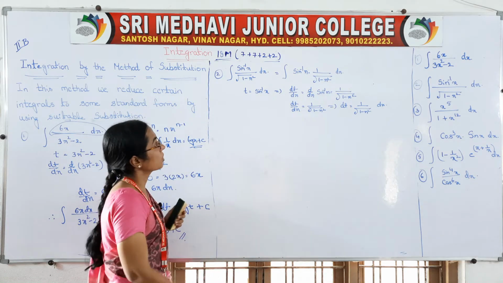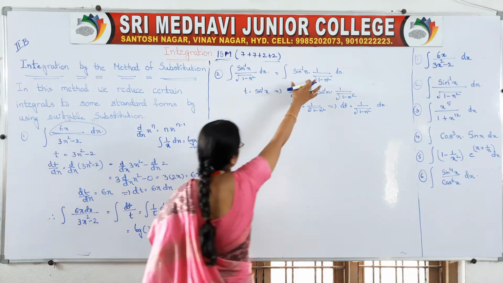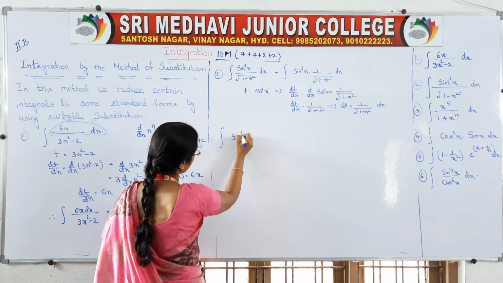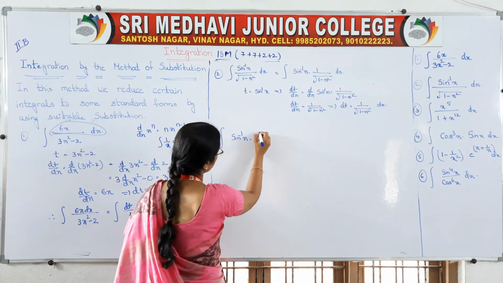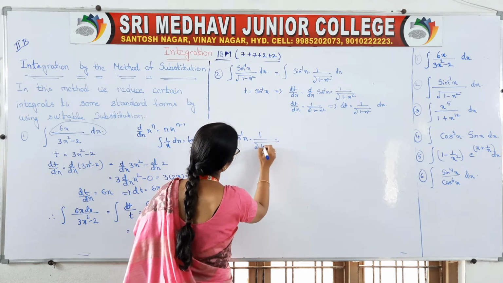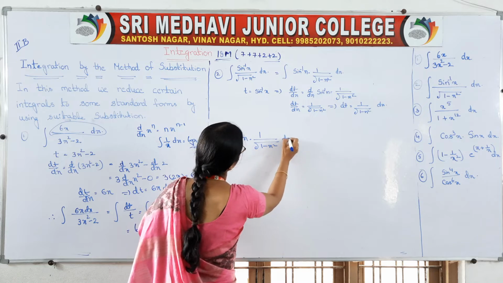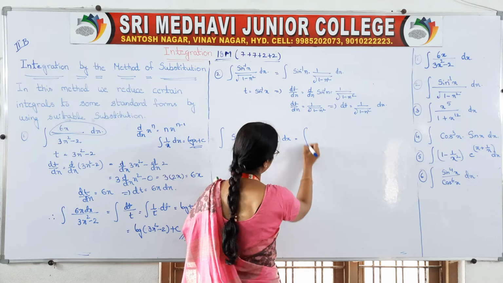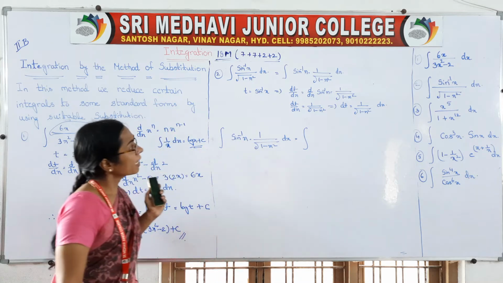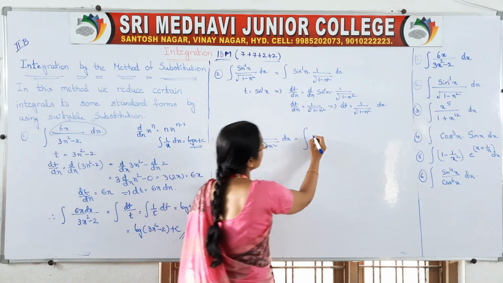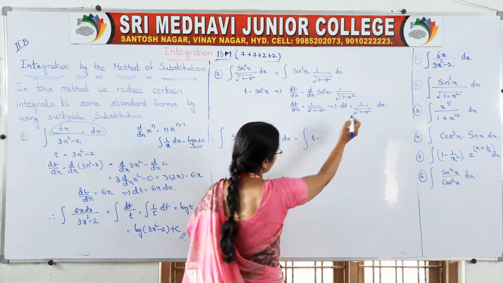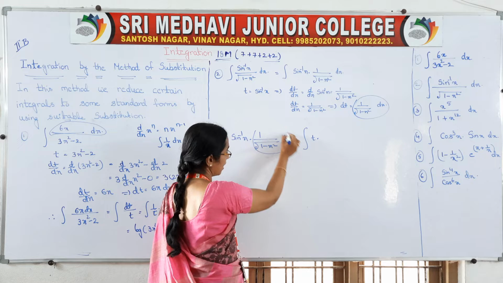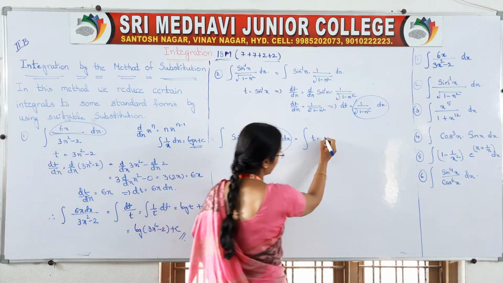Isn't it? So now you take your problem. This is your question. Integral of sine inverse x into 1 by root of 1 minus x square into dx is equal to the integral of, sine inverse x we have taken as t, so t, and this value is dt.